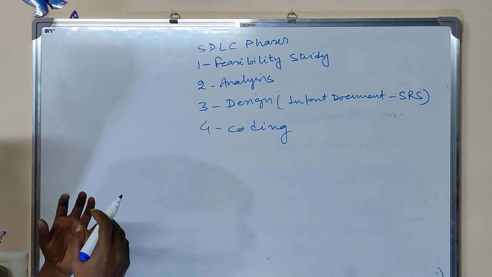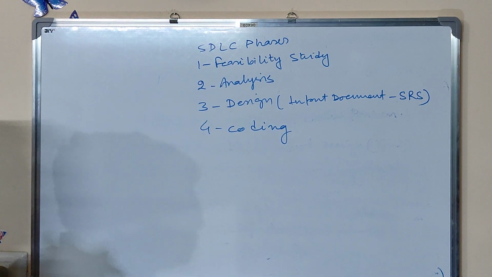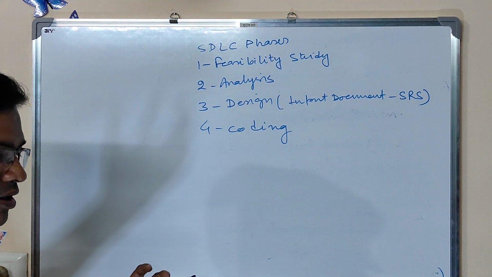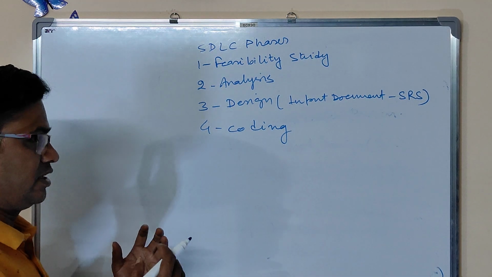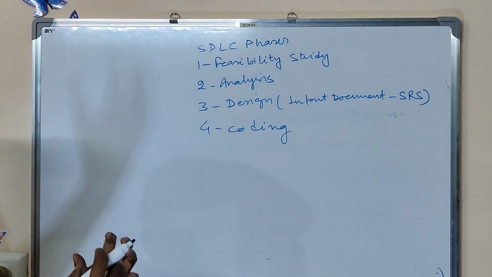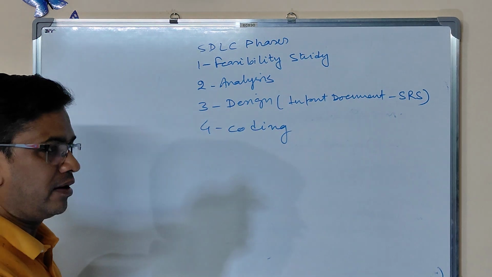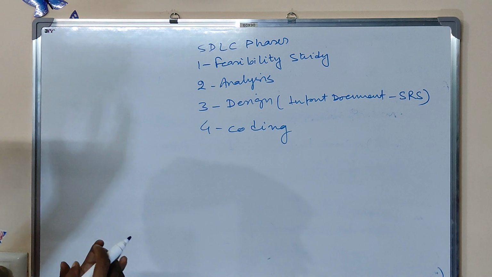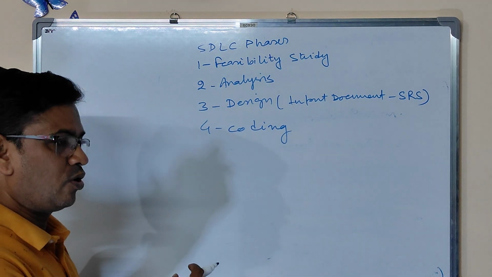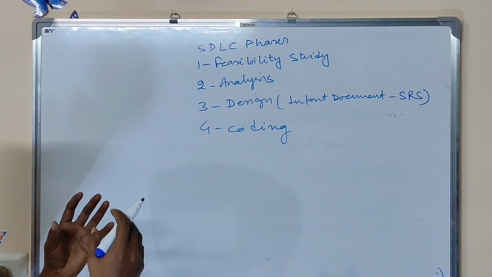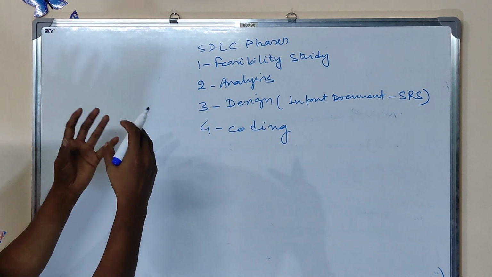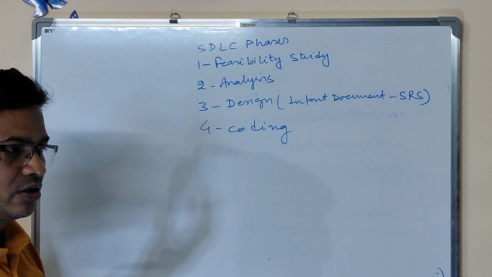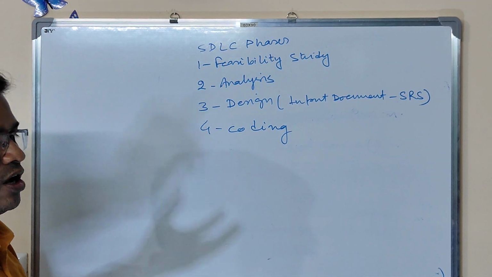Based on the design document, developers will get assignments to work on different modules. If there is a development team, every team member will get the modules they have to work on. Developers will take all the information from the design document and use some programming language to convert this design into the coding part.